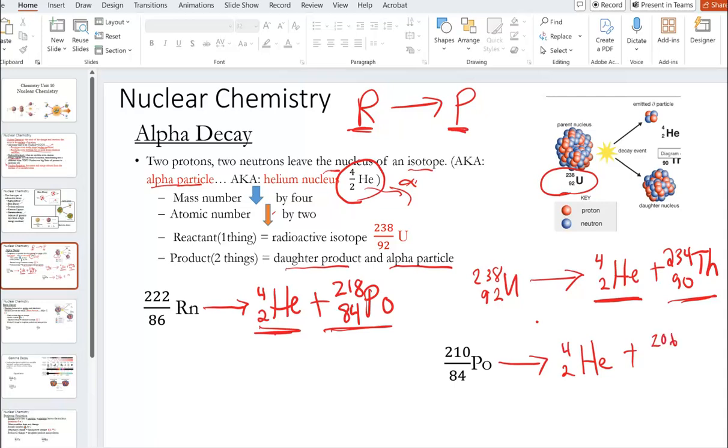My atomic number goes down by 2, which is 82. Now I'm going to go to my periodic table and find the element that has atomic number 82, and that would be lead. So anytime an isotope breaks down through alpha decay, it will produce an alpha particle and a new daughter product. You need your periodic table to figure out what the new daughter product is.